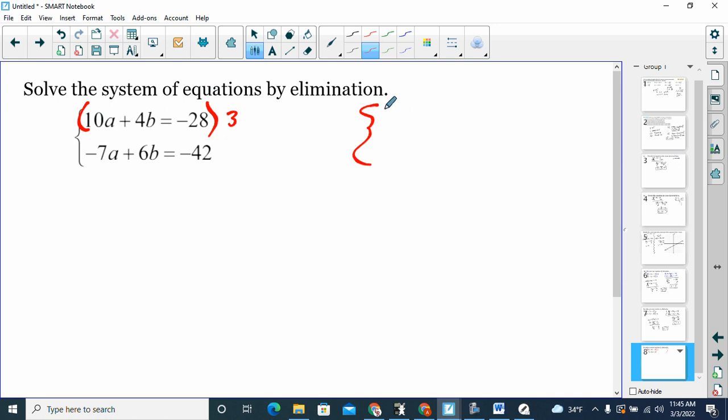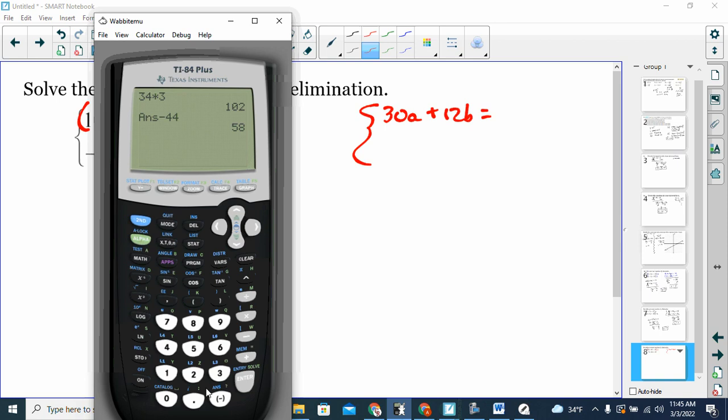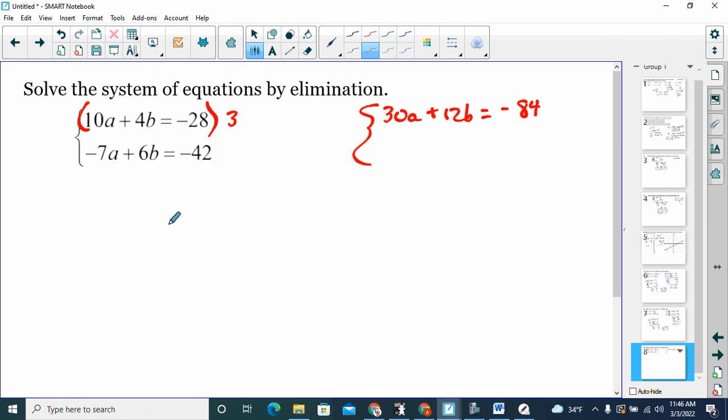Multiply everything times 3. Negative 28 times 3 gives me negative 84. The bottom one also needs to be 12, but this one's positive 12, so I want this one to be minus 12b.